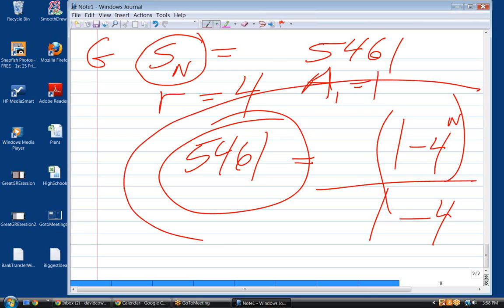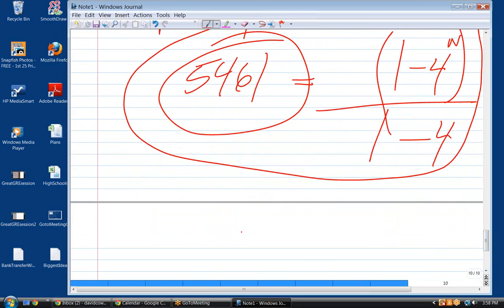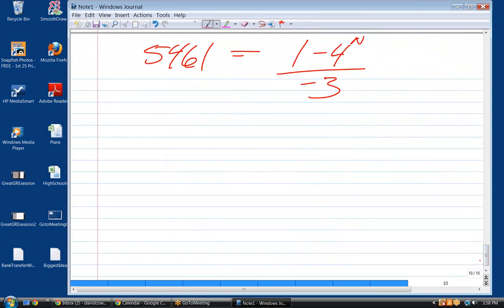Now we have an equation with one variable only. Now, it's not the easiest thing to solve for when your variable is in the exponent, so let's talk about that. How do I solve that? Now you multiply each side by -3.